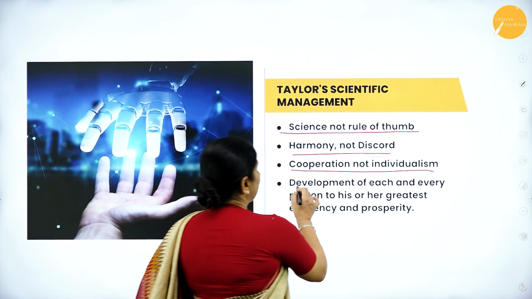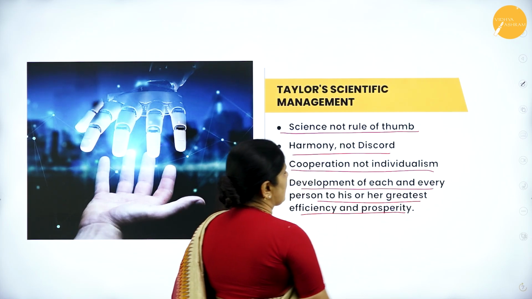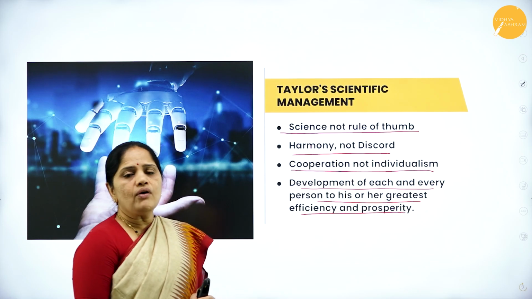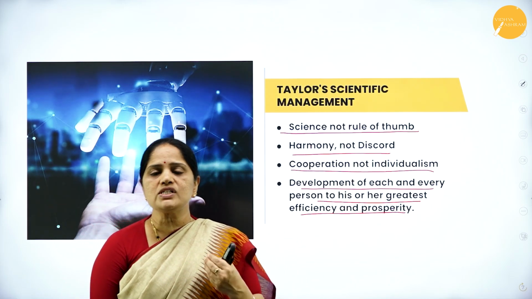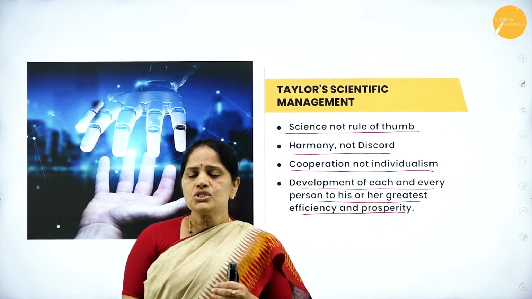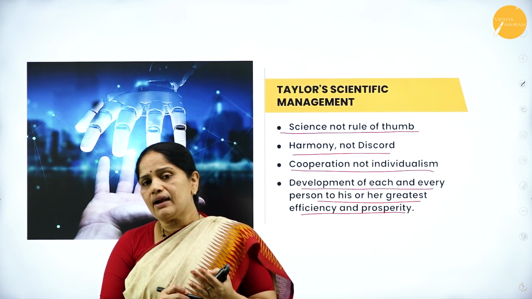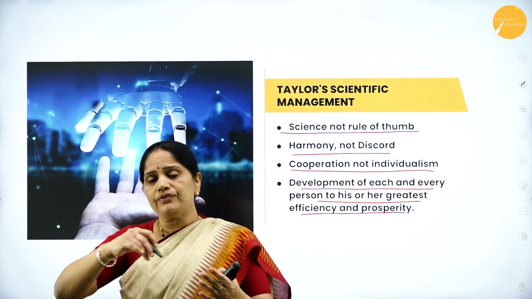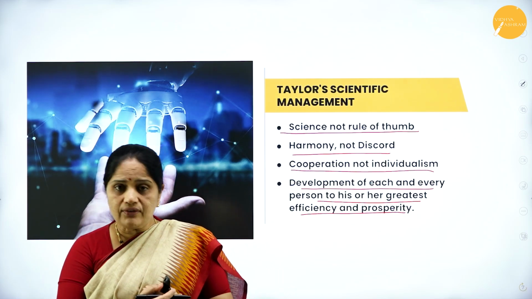Then development of each and every person to his or her greatest efficiency and prosperity. So whenever an employee enters an organization, he will have his own aims and his own objectives of doing the job. So we should ensure that his objectives are fulfilled, and when we fulfill his objectives, automatically the company's objectives get fulfilled.